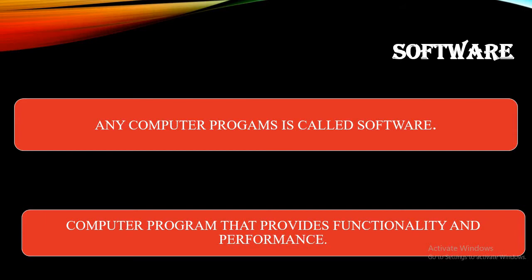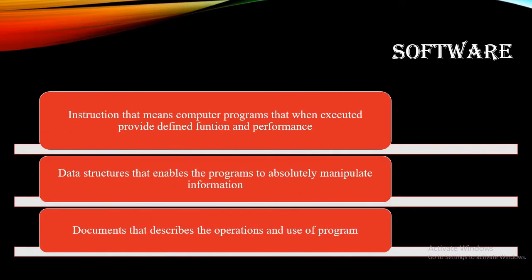But according to Roger Pressman, the definition of software is given like this. First, instructions, that means computer programs, that when executed provide defined function and performance. This statement tells you that software has to give you the desired functionality and performance. The second point says data structures that enable the program to manipulate information, where it tells us that an essential component is data structures.